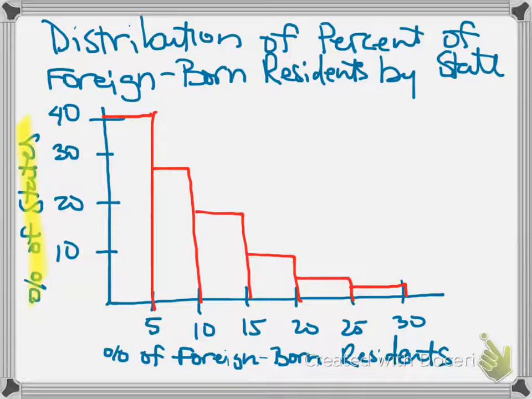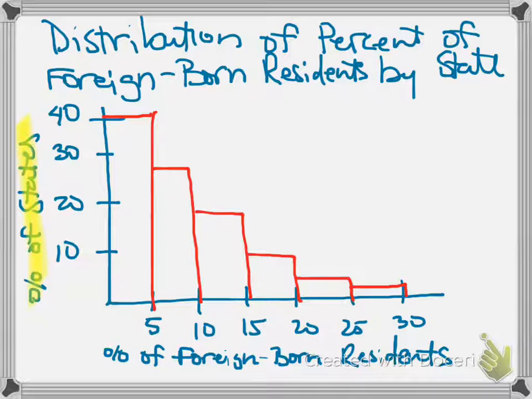Now, there are a few other things that we need to talk about in relation to histograms. One thing is that histograms look a bit like bar graphs, which is what you learned about last night. Because with histograms and bar graphs, we just have these columns that indicate how many things go into a certain category.